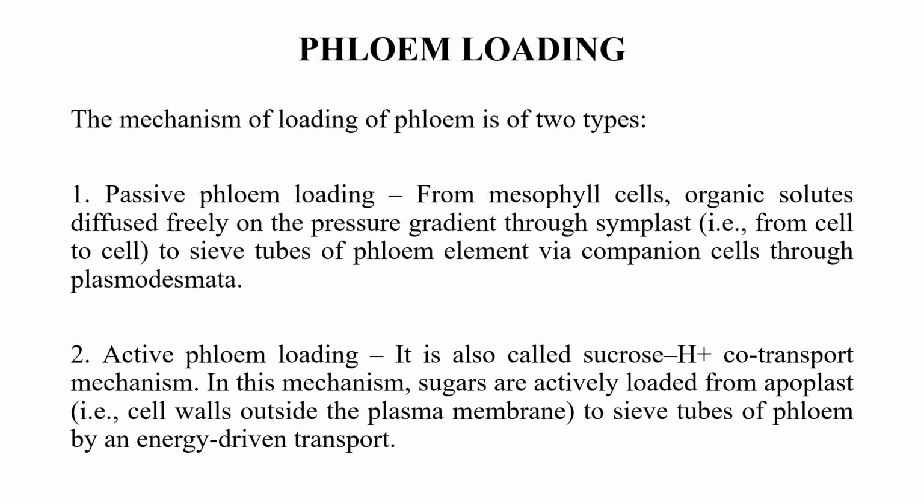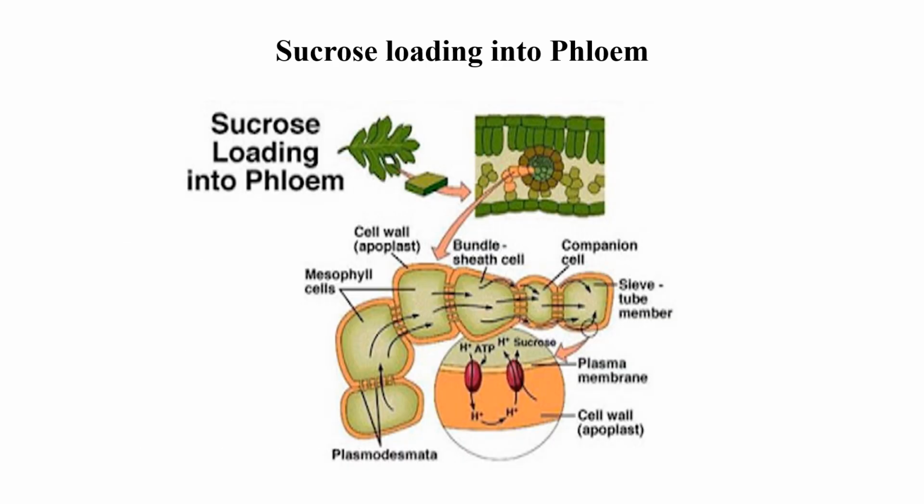And what is active loading? In this process, sugar is actively loaded from apoplast to the sieve tubes by an energy-driven transport. This figure describes the process of loading of sugar.